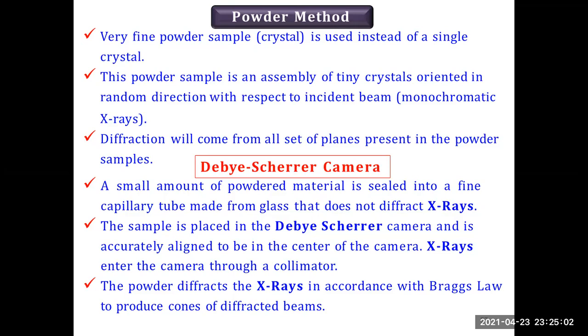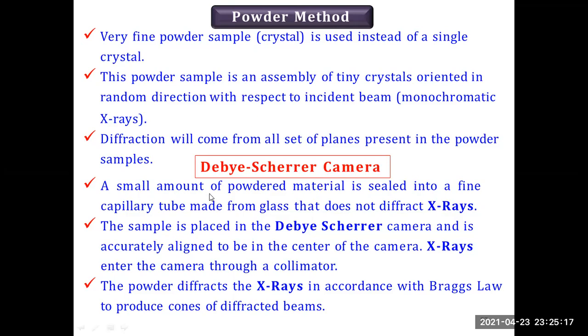How can we know the different orientations? By means of a Debye-Scherrer camera. By using this Debye-Scherrer camera, we can locate the different lattice planes which are oriented in different directions.